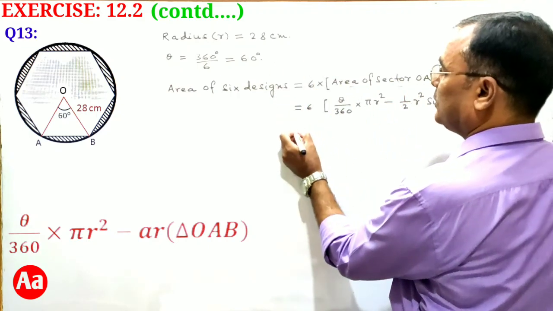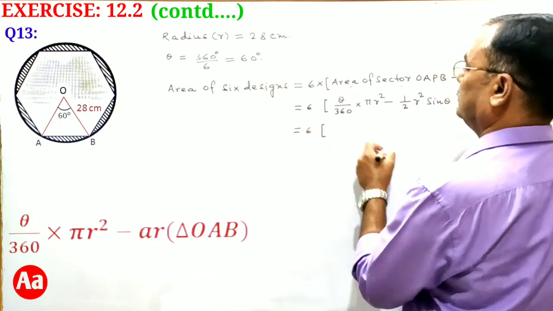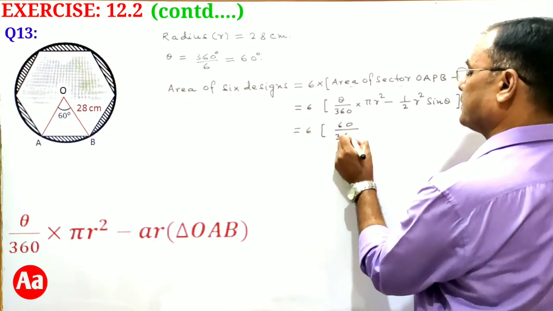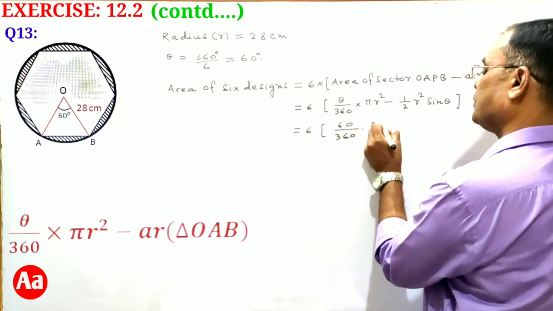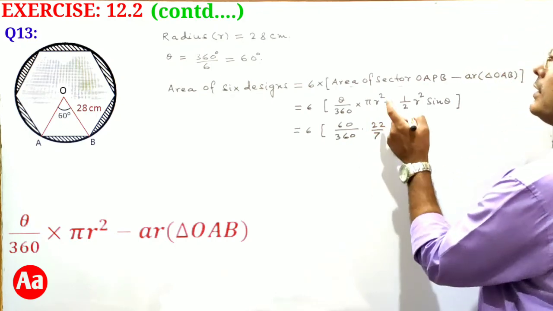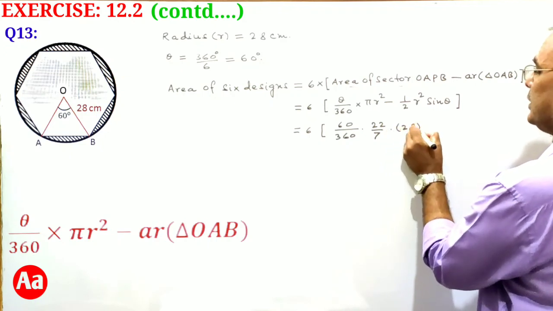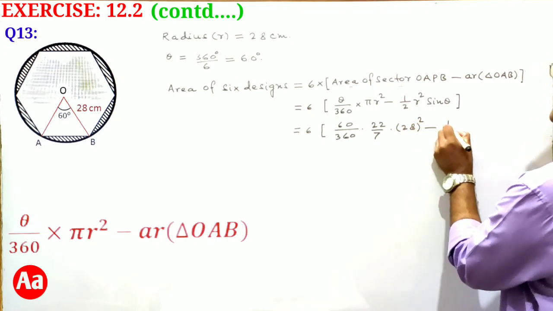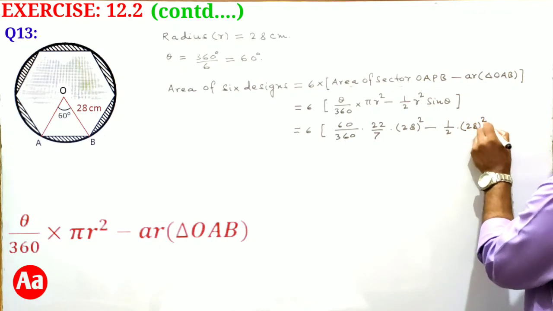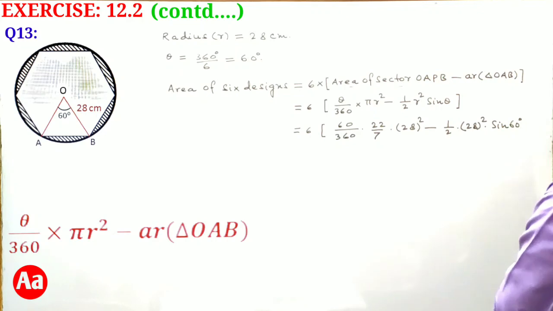So this is equal to 6 into 60 by 360 into pi 22 by 7 into r square, 28 square, minus half into 28 square into sine 60 degrees.